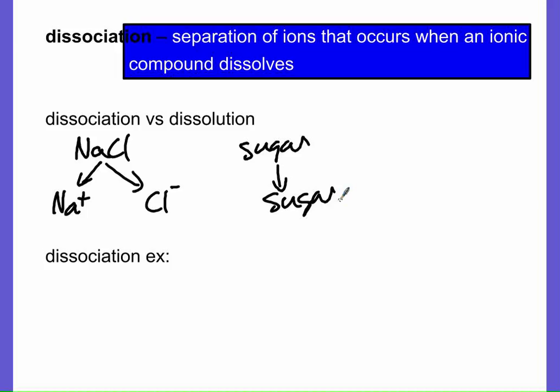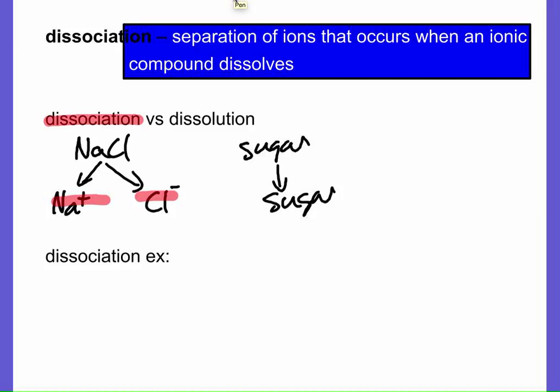So anytime you see that word dissociation, that's the key. If you're talking dissociation, you better see ions in that solution, separate ions at the end of the day, or else it's really just dissolving. So you already have an example of dissociation here with those sodium and chloride ions when you dissolve salt in water, but it can be any ionic compound.